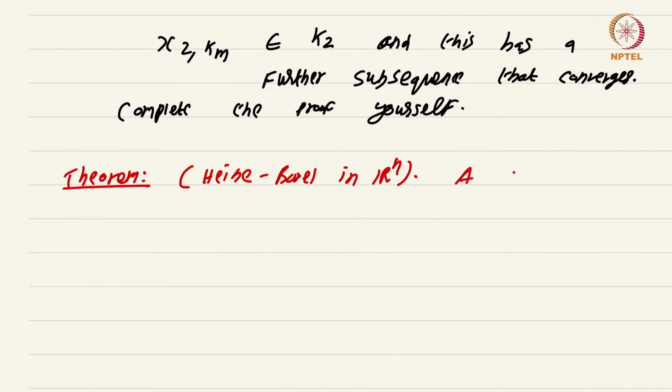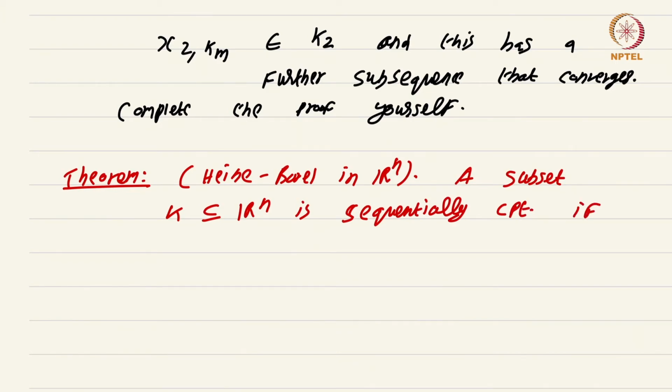A subset K of Rn is compact, or sequentially compact, if and only if it is closed and bounded. Well, one direction we have already seen: sequentially compact sets must be closed and bounded. The other way is easy.